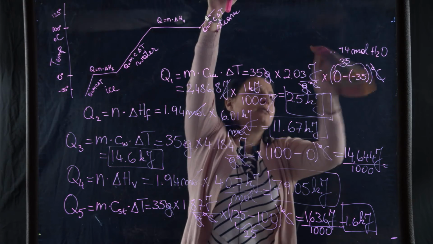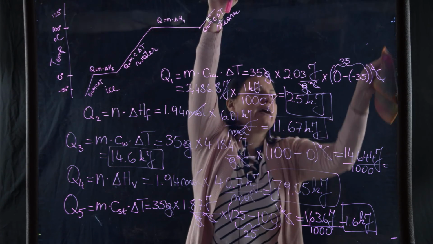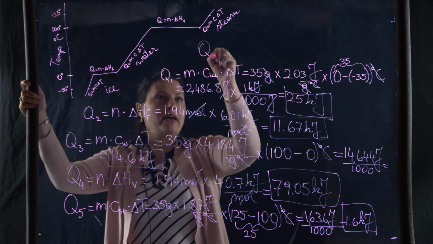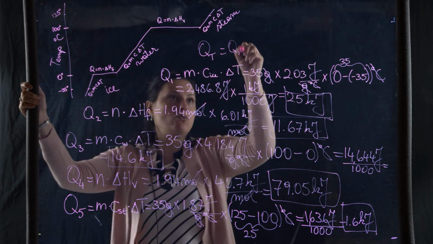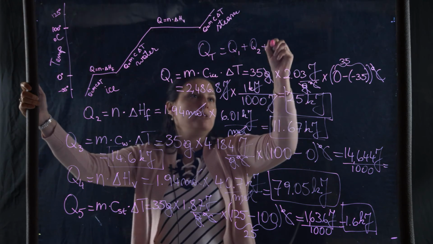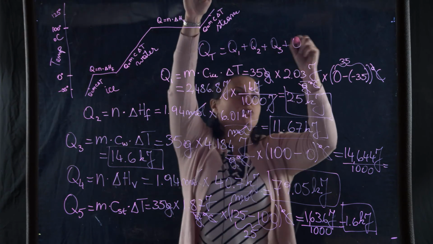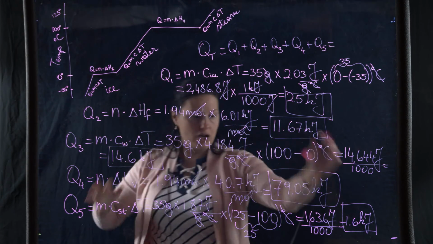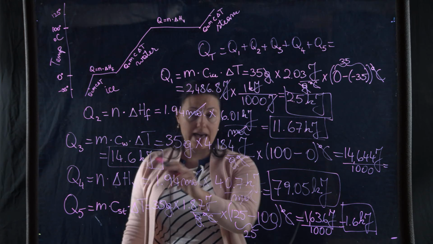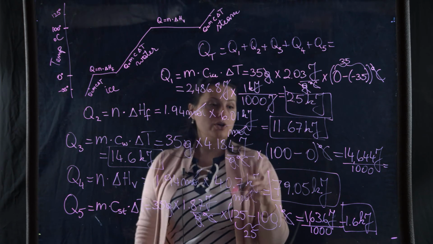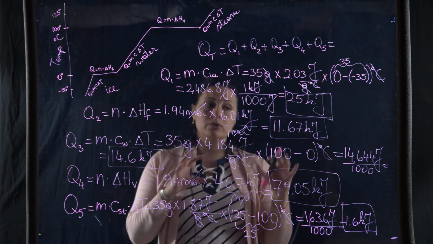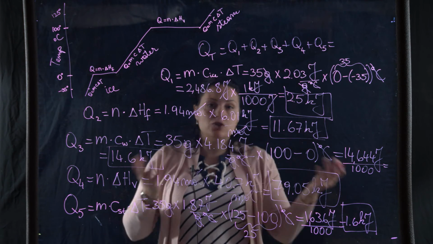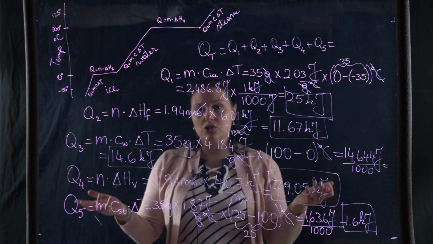I'm not going to write all of the values because you have them all written down, but to find Q total, which is the last step, it's going to be Q1 plus Q2 plus Q3 plus Q4 plus Q5. And if you add all of these together, notice they have to be in the same unit. For this particular problem, we were told that we had to report the answer in kilojoules, but you don't necessarily have to do that. You can report it in joules.